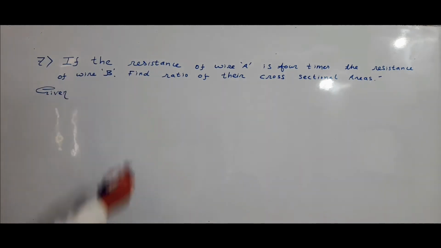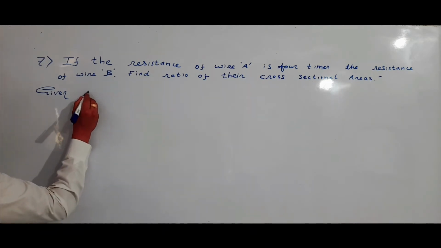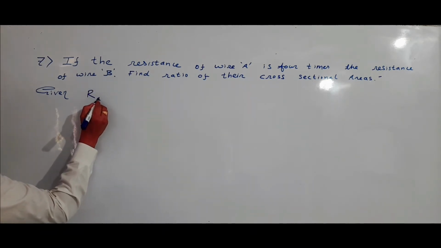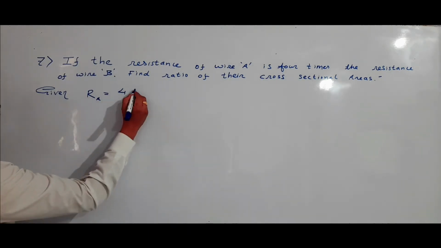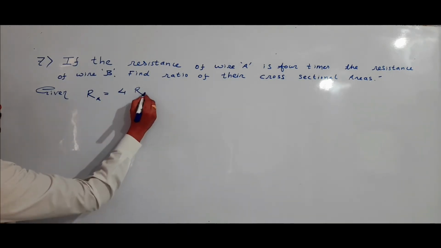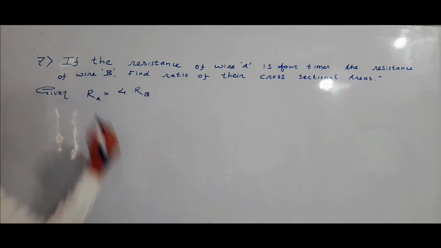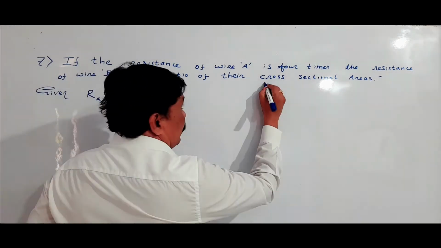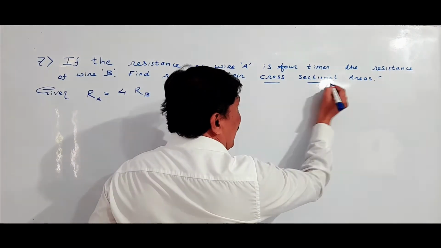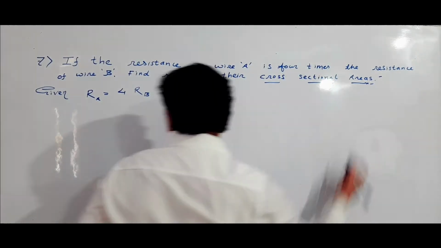Given: resistance of wire A is equal to 4 times resistance of wire B. We have to find the ratio of cross sectional areas.